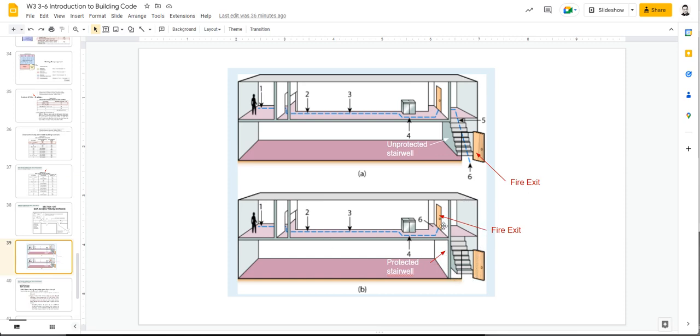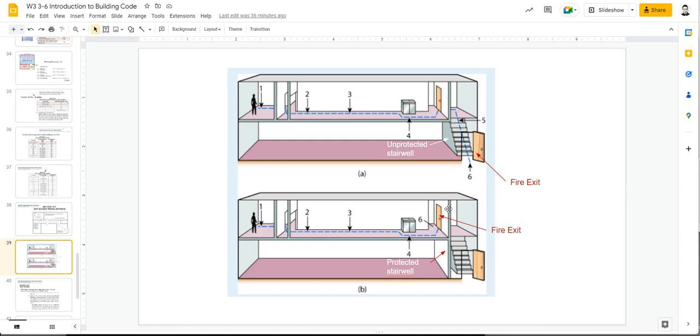the door to the stairwell is considered to be your exit door because there is a firewall separating another area. You would see that in a multi-story, not high-rise, maybe 4 stories or more building, where you have a stairwell with fire exits, and when you exit that door, you can't get back in.